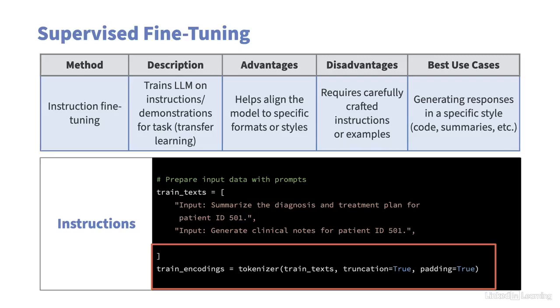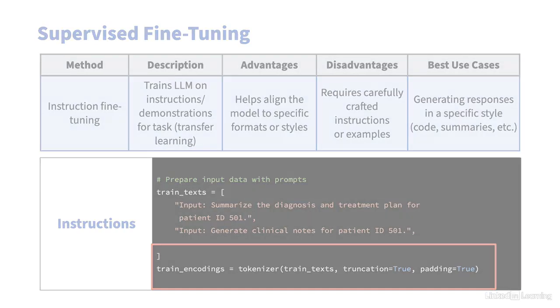Each key in the dictionary corresponds to a different attribute of the tokenized inputs, for example, input IDs or attention masks, and the values are lists containing the corresponding tokenized representations for each input in train_text. These tokenized representations are numerical and can be directly fed into a machine learning model for training or inference.